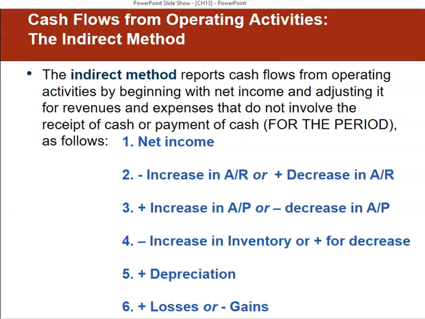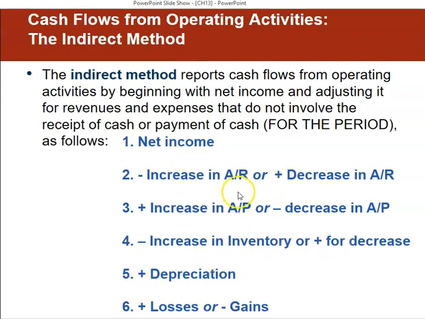Just to use a quick example, if accounts receivable was $60,000 at the beginning of the period and $50,000 at the end of the period, that means that essentially all of the accounts receivable from the current period have been collected, and then there was an extra $10,000 of cash that we have to add that is not found in net income for the current year, because it was from the prior period, last year.